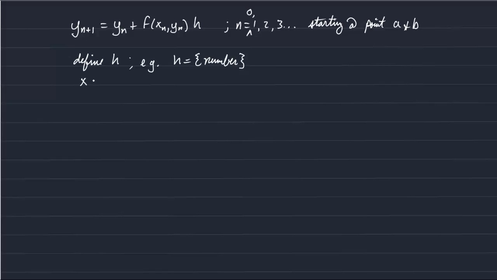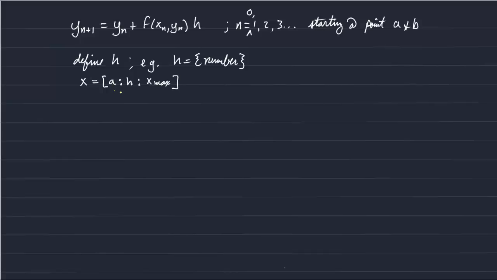And we would define the vector x as starting at a, which was already defined, in increments of h to the maximum point at which we want the solution, x max.